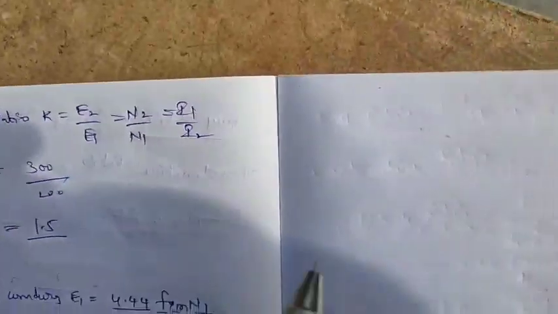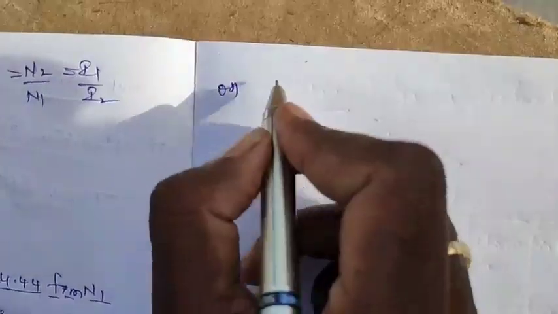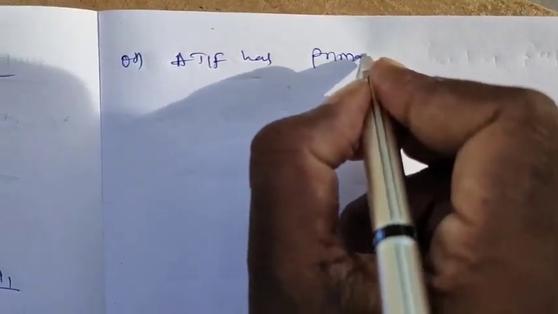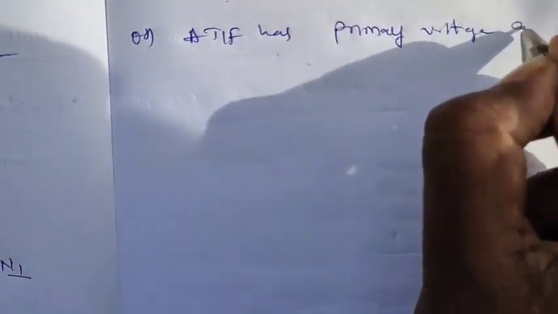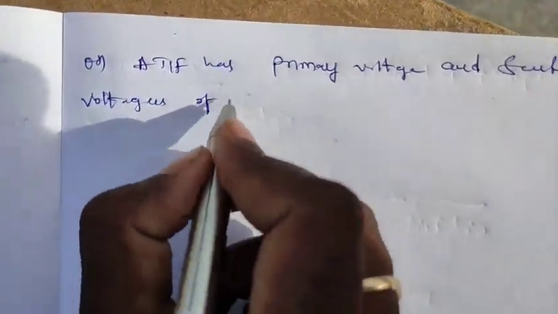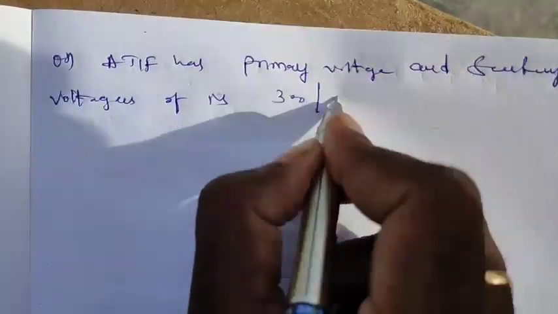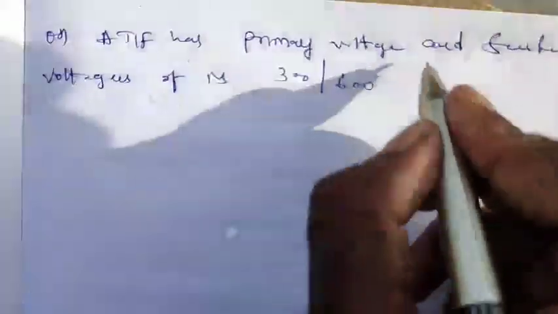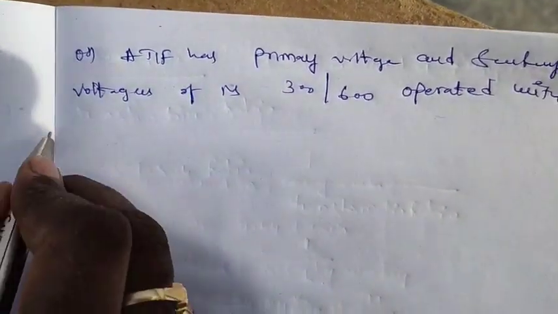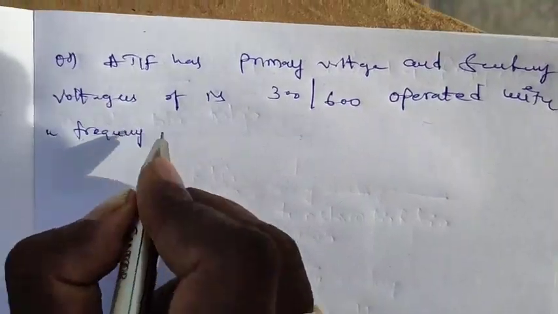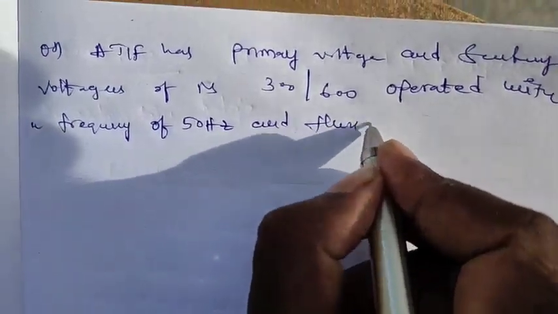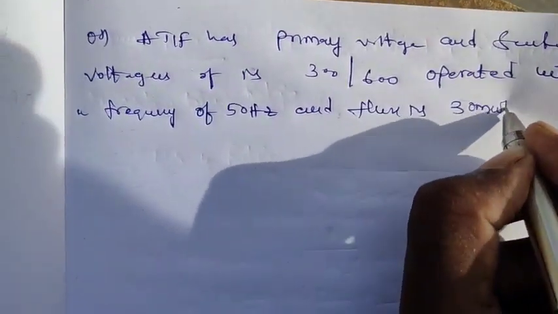So I am giving you another problem. All of you solve this. A transformer has primary voltage and secondary voltage of 300 by 600, operated with a frequency of 50 Hz, and flux is 30 milliwebers.